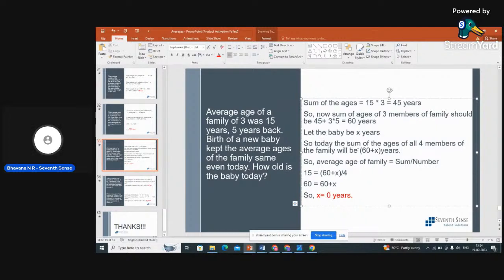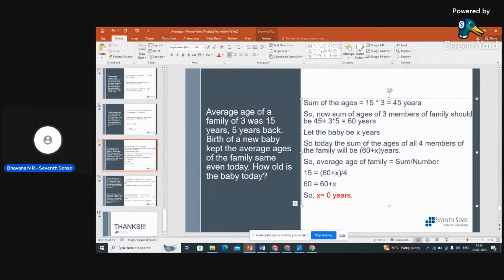So today the sum of the ages of all 4 members of the family will be 60 plus x years. We don't know the value, so let's take it as x. So the average age of the family is equal to sum by number.